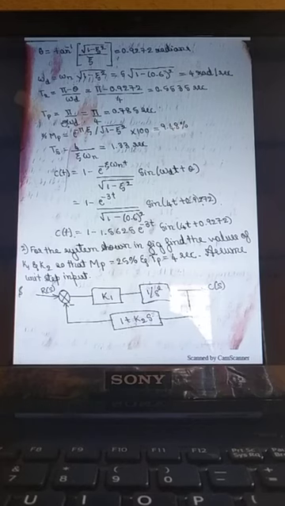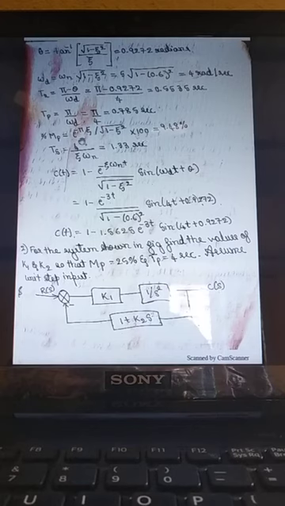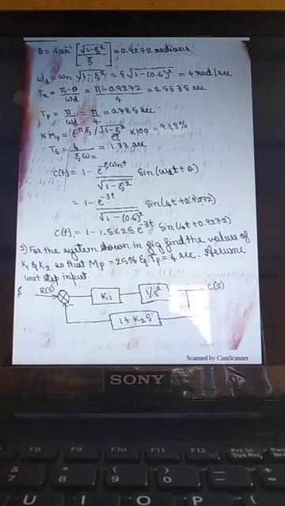Next, TP is equal to pi divided by omega d is equal to pi by 4. You will get 0.785 seconds. Next, peak overshoot. Peak overshoot is equal to e to the power of minus pi zeta divided by square root of 1 minus zeta square, into 100.